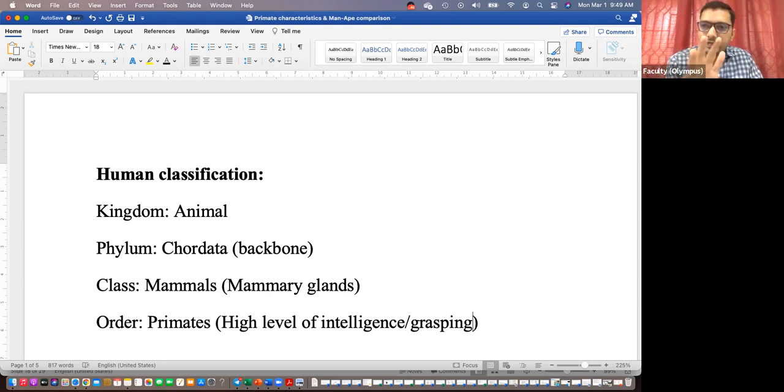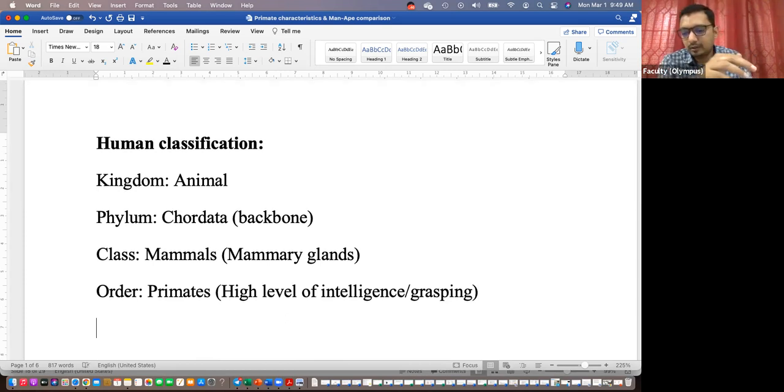Have you ever seen cat grasping it like that? Cat has to use both of it. Right? They don't have those grasping nature. Specialized features in primates is this grasping ability. I'm going to show you images to describe how this works out. But for now, just remember a basic idea that primates have certain features which make them different from other mammals. High level of intelligence and grasping is something that you can make a note of.